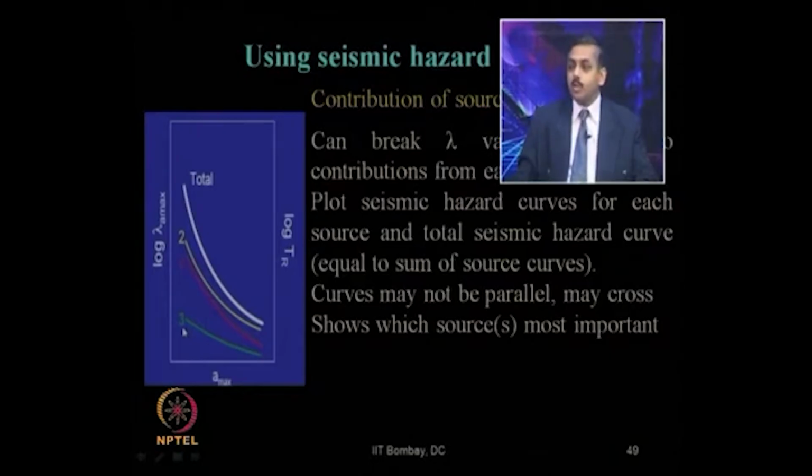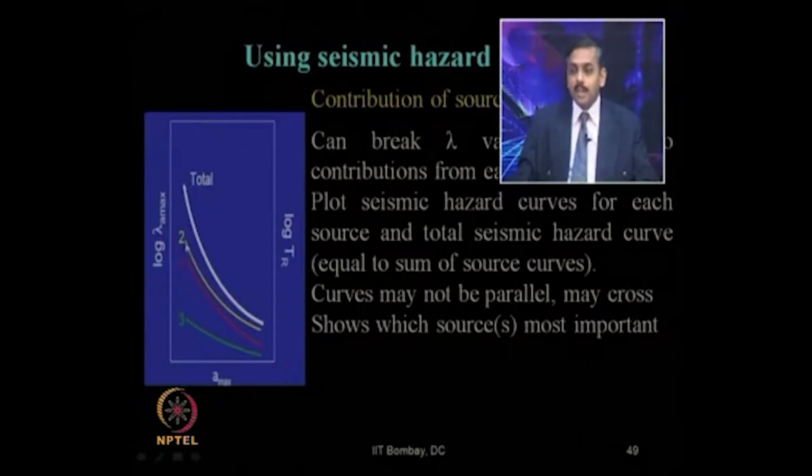So, you should always look into not only the total probabilistic seismic hazard analysis curve, but also the individual source representation. That means, instead of considering all the sources together, if you consider each one of them, something will come like this.